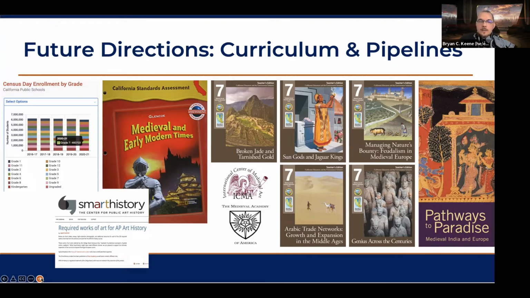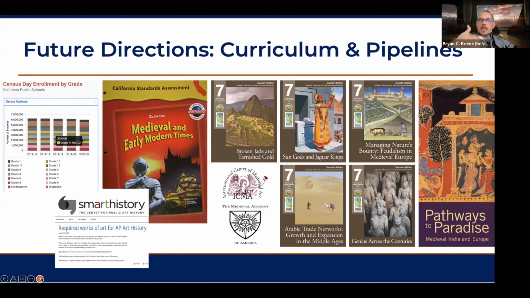And I looked at the model of Smarthistory, a digital open educational resource, the Center for Public Art History, that years ago created robust content for the AP, or Advanced Placement Exam of Art History: 250 objects across world art histories with robust content that could be accessed anywhere in the world.